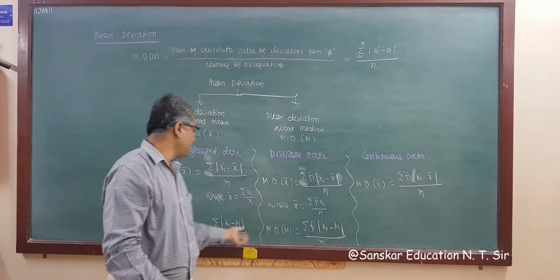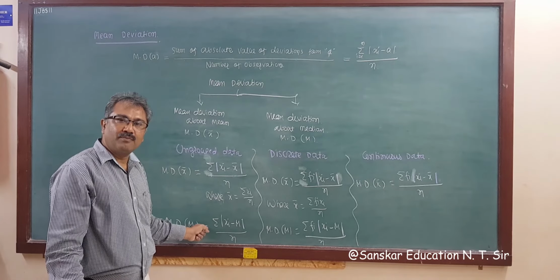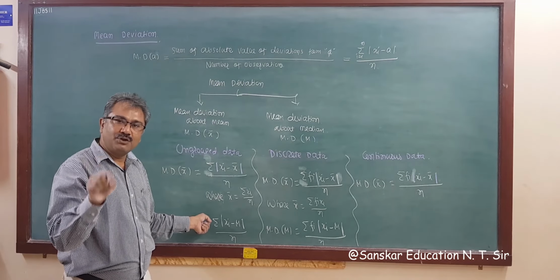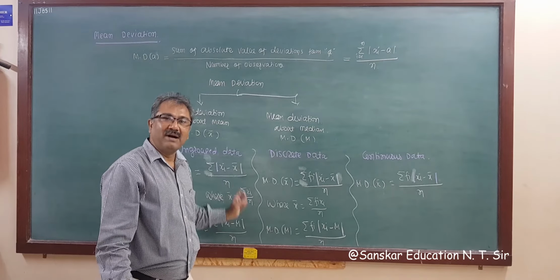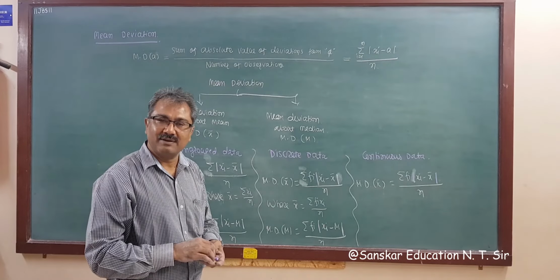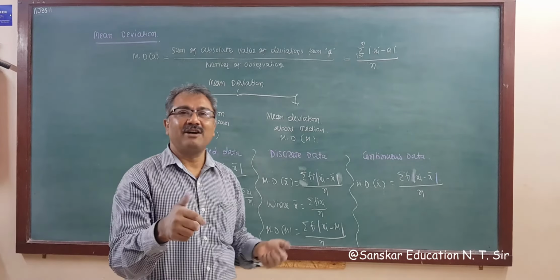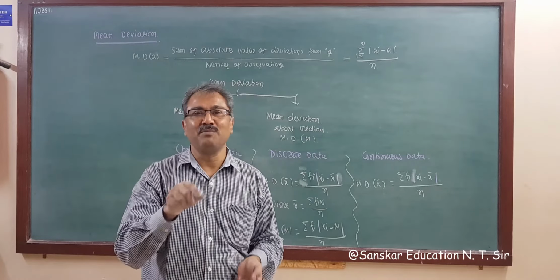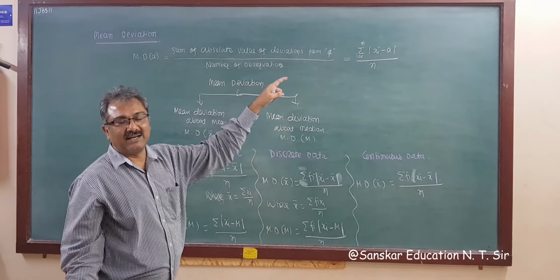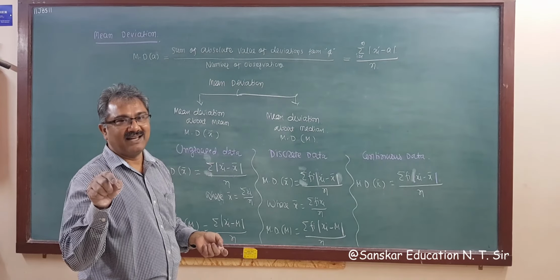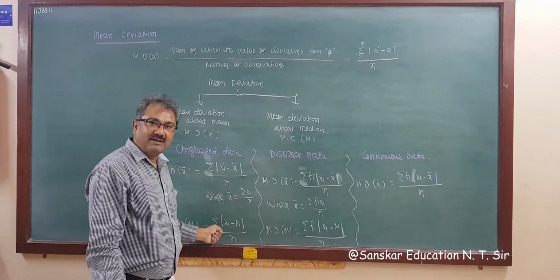Remember this formula, and for mean deviation about median you have to replace x bar by the median, then you will get the same formula. The sum of the absolute values of the deviations from x bar divided by the total number of observations is called mean deviation about mean, and the sum of the absolute values of the deviations from median m upon the total number of observations is called mean deviation about median.